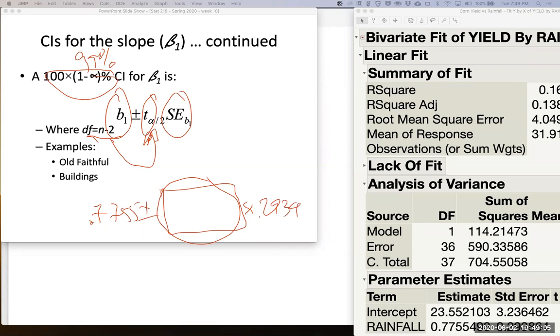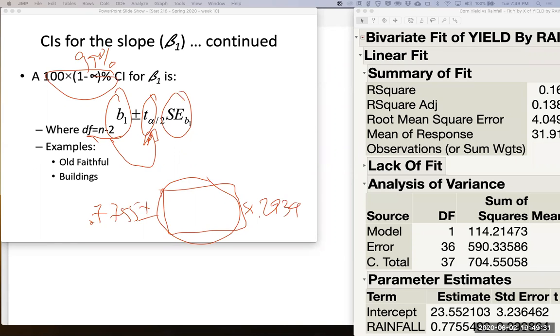So I happen to have a t-table in front of me that has exactly 36 degrees of freedom. And so I'm going to go ahead and use that. You should get one that's close if you don't have exactly 36 degrees of freedom. You should probably use 35 or 30 degrees of freedom and have that row.